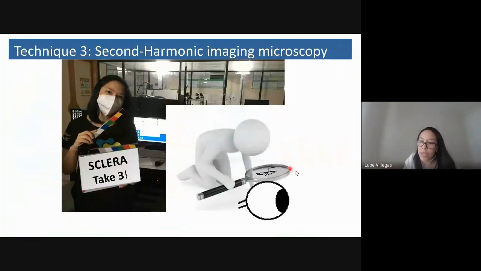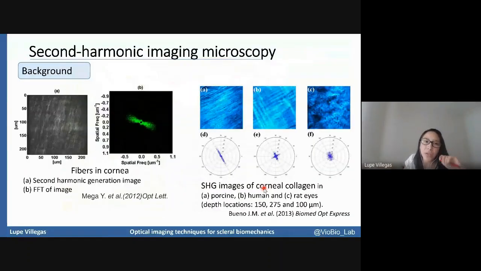Here, we are going to focus inside the sclera to determine the organization of the collagen fibers. As we are going to see further in this session, second-harmonic generation imaging microscopy has been used to visualize fibers in the cornea specifically, and to differentiate between different animal models and also humans.